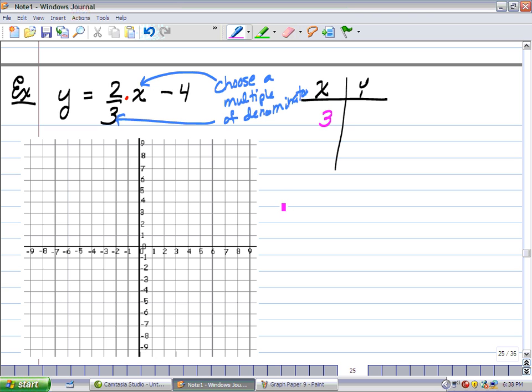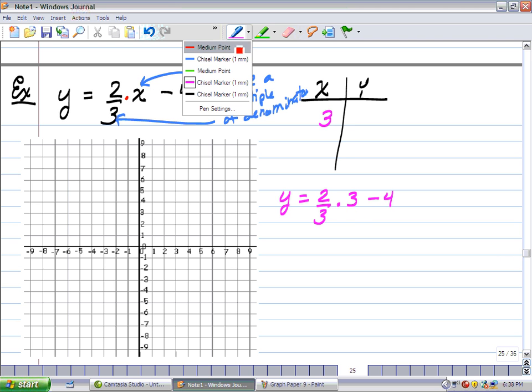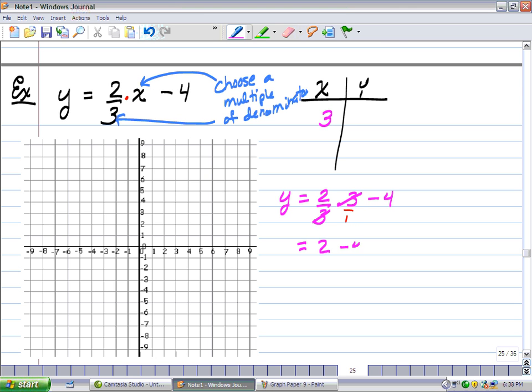So if I pick 3, y is equal to 2/3 times 3 minus 4. Remember that invisible 1 down there. So these are going to cancel. And I'm going to have 2 over 1, or 2, minus 4, which is equal to negative 2.